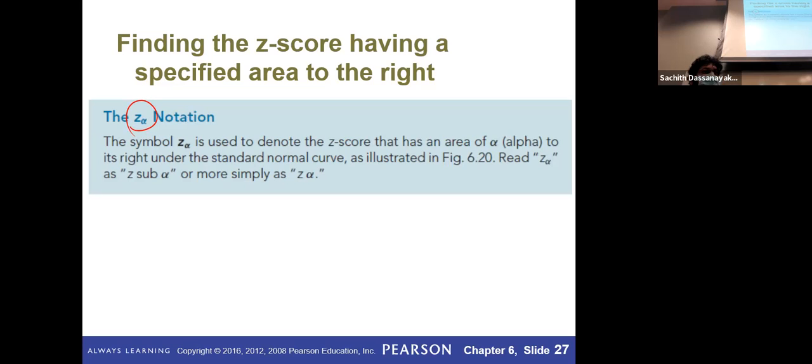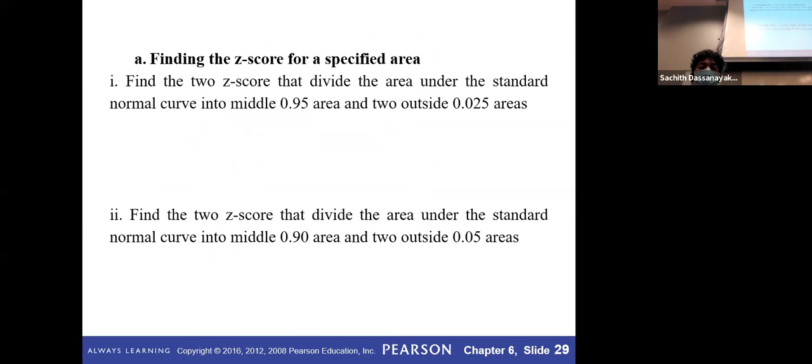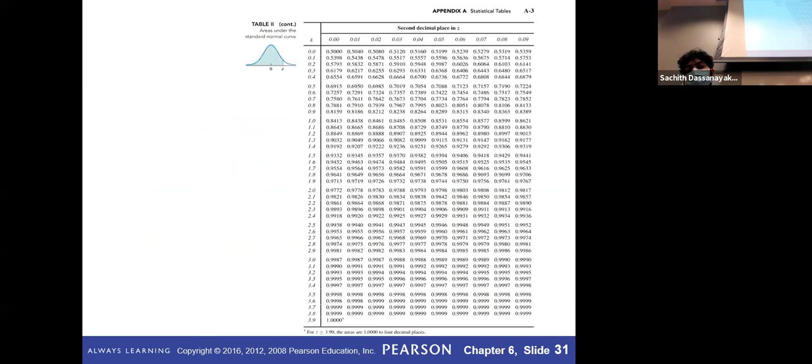Okay. This means always the area is alpha to the right of this value. Always to the right. Don't forget this. You will need this after chapter 7. Starting from chapter 8, we are going to use this notation. Clear? We call this C alpha notation or C sub alpha.